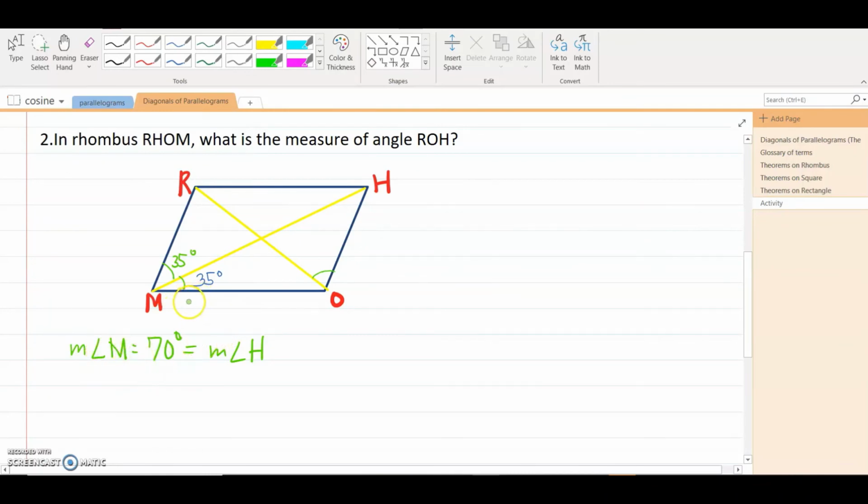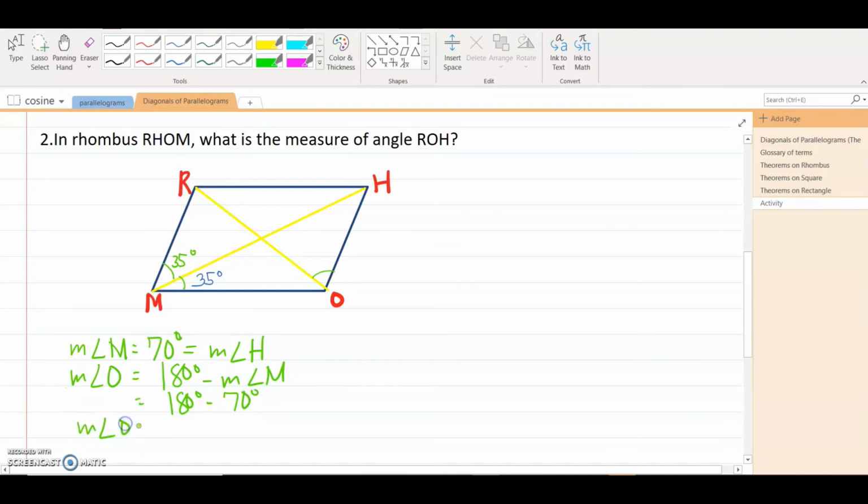Now, since in a parallelogram, any two consecutive angles are supplementary, since angle M is 70, then the measure of angle O is equal to 180 degrees minus the measure of angle M. That is 180 degrees minus 70 degrees.